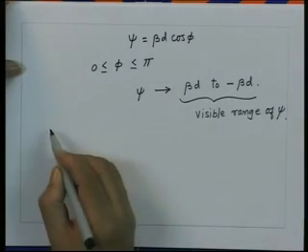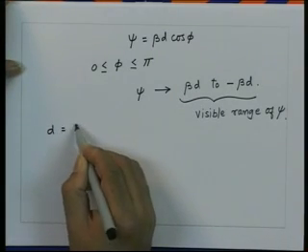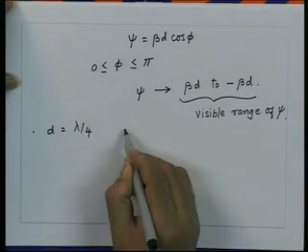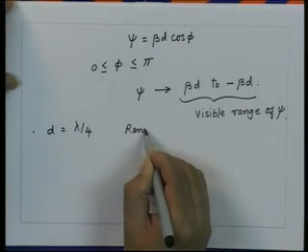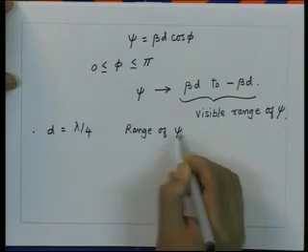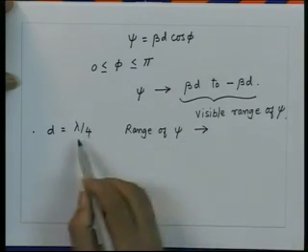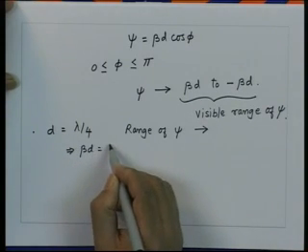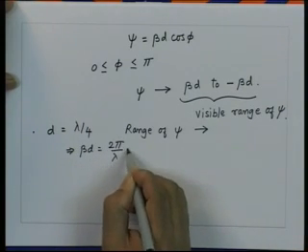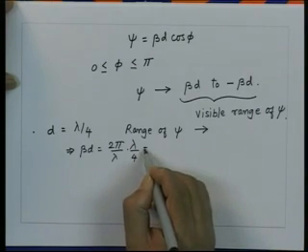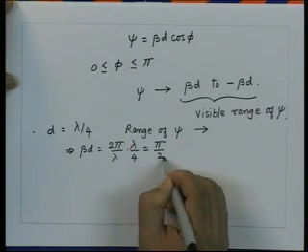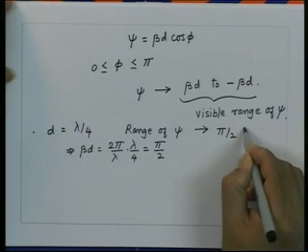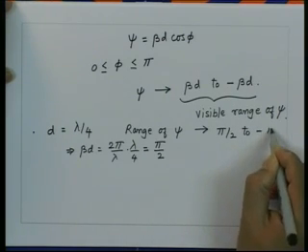So, let us say d we take as lambda by 4, some case 1, then the range of psi would correspond to beta d. So, beta d is equal to 2 pi by lambda into lambda by 4, which is equal to pi by 2. So, the range of psi would correspond to pi by 2 to minus pi by 2.